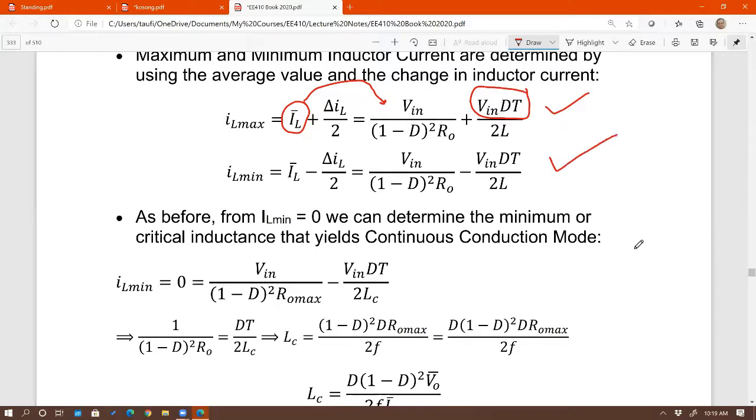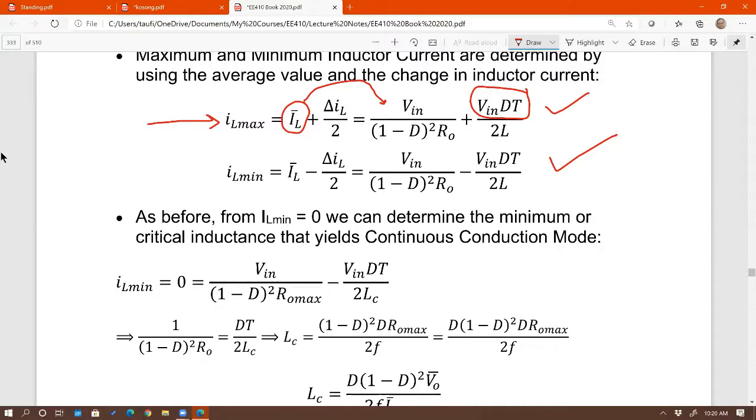Any question on IL max and IL min? Now you have the equation for IL average, IL max, IL min. Why do we need IL max? Anybody from the discussion in the buck section? Where is IL max useful in terms of sizing components? Want to get the rating of the inductor value to see if it can handle the current? Very good.